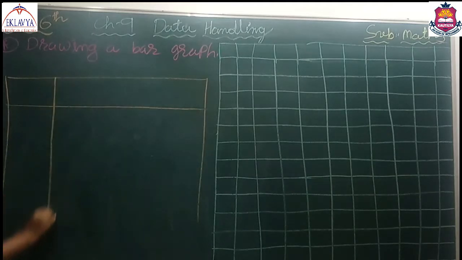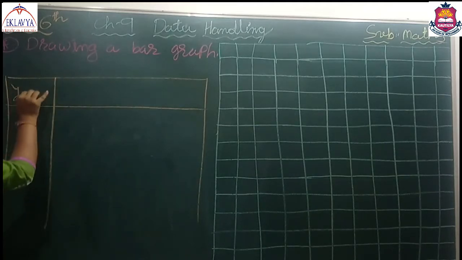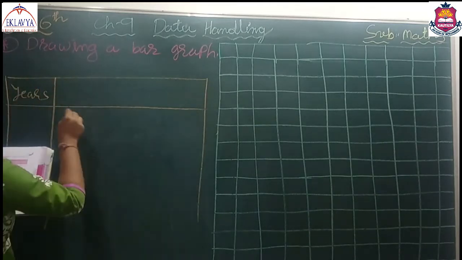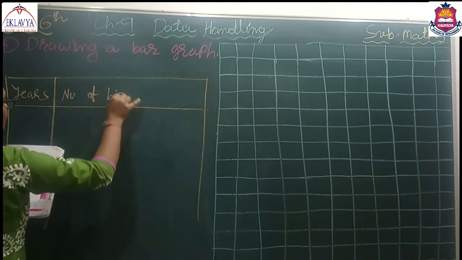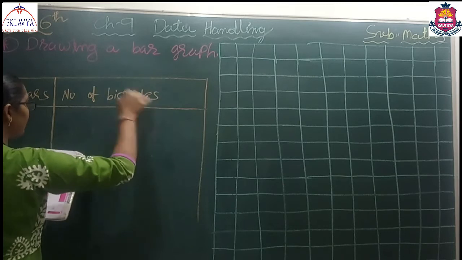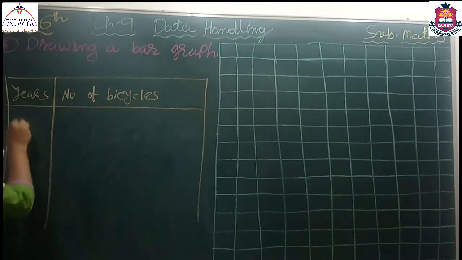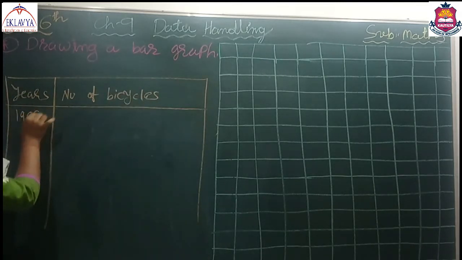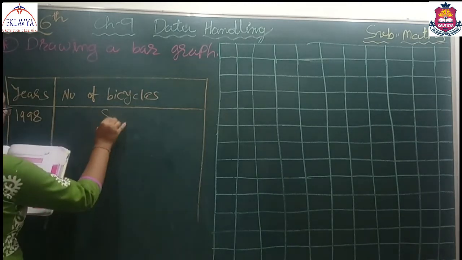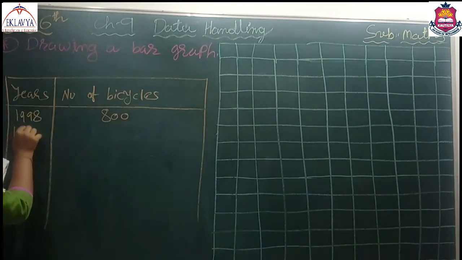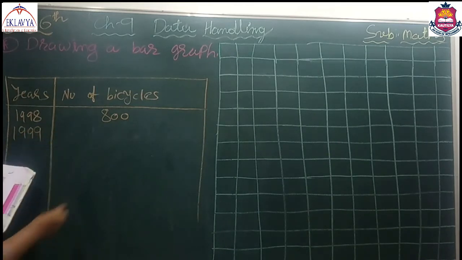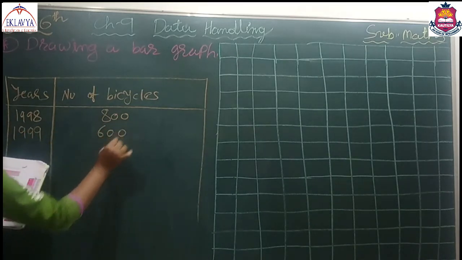First of all, years and number of bicycles manufactured. In 1998, 800 bicycles were manufactured. In 1999, 600.